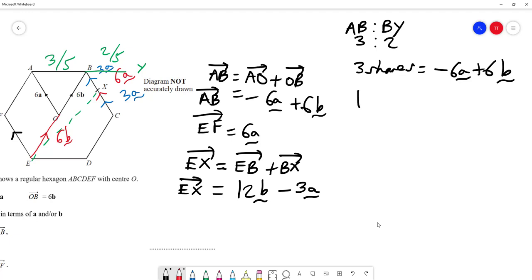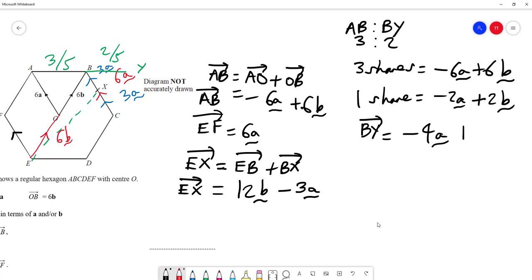From there we can work out 1 share by dividing everything by 3, so we get minus 2a plus 2b. Then BY is 2 shares, so we double all of this and get minus 4a plus 4b. So we now know what the vectors AB and BY are.